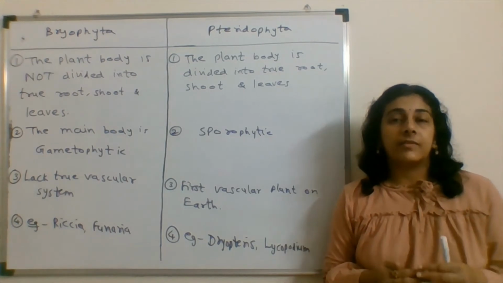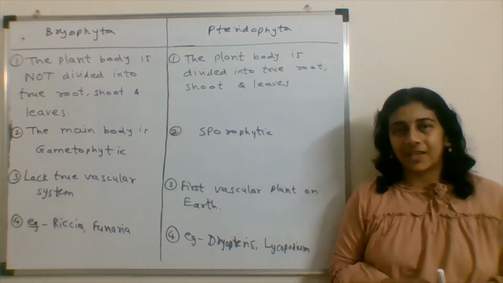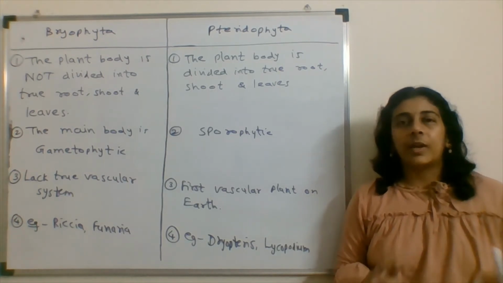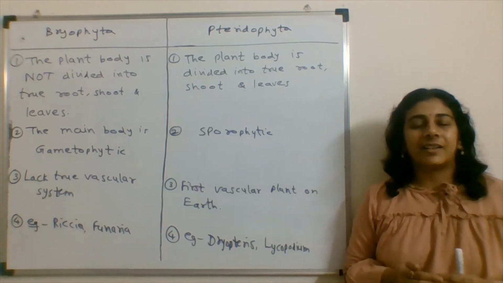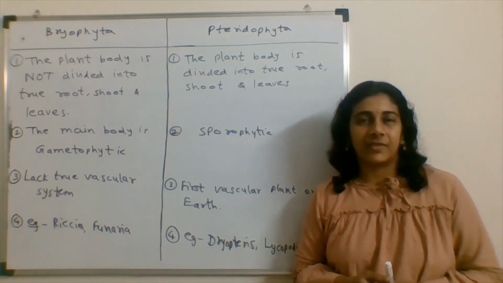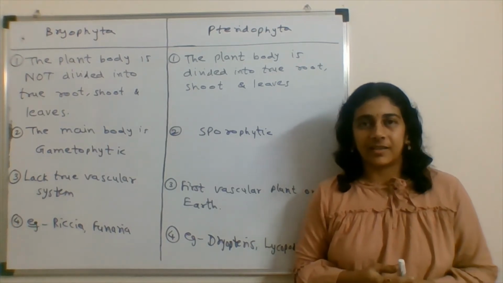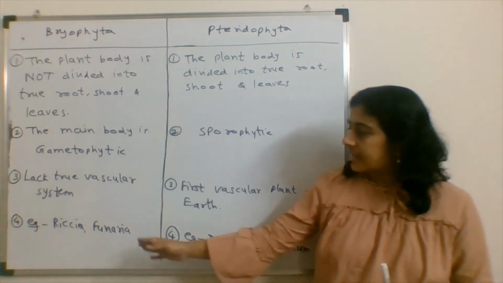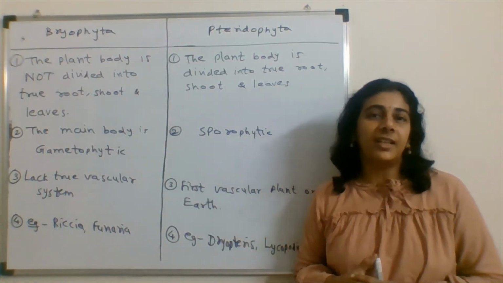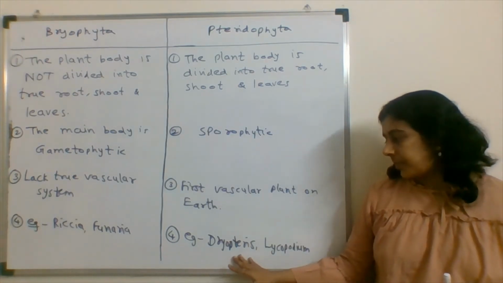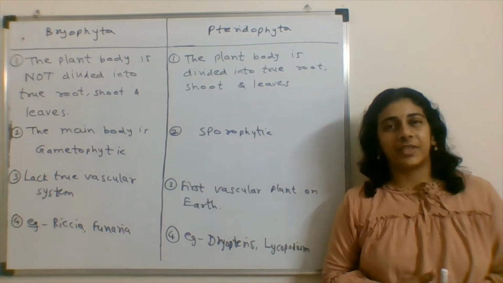Pteridophytes are the first vascular plants on the earth, and bryophytes lack the vascular system. There is no vascular system in bryophytes as these plants live in water itself, so there is no need for a separate vascular system. Some examples are Riccia and Funaria, which come under the Bryophyta, whereas Dryopteris and Lycopodium are examples from the Pteridophyta.